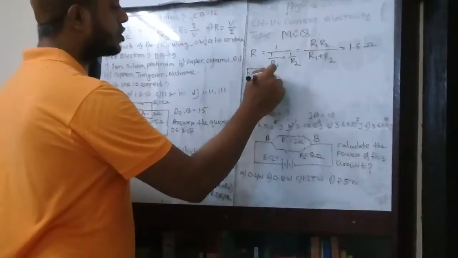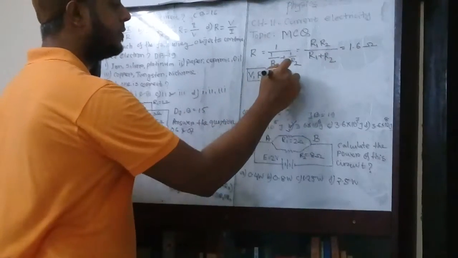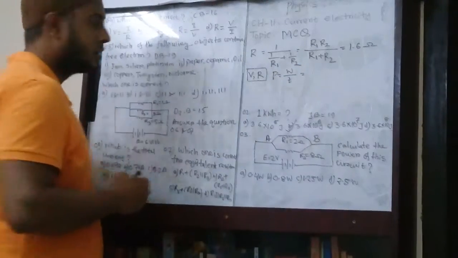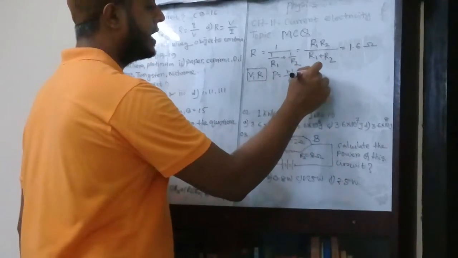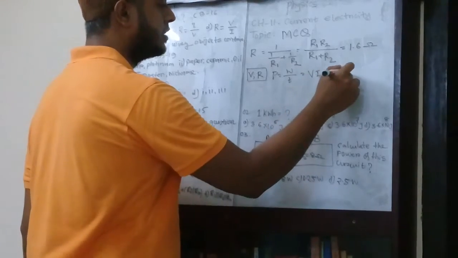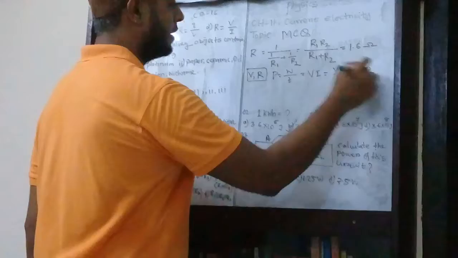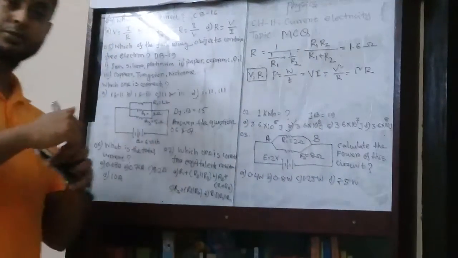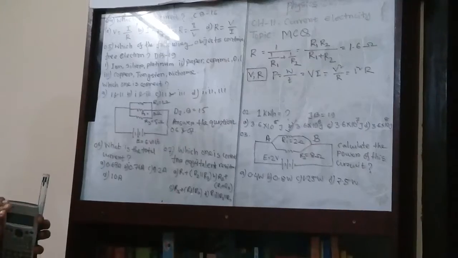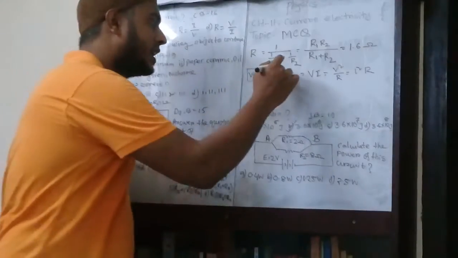You know the equation of power: P equals W divided by T, which equals VI, which equals V square by R, which equals I square R. There are 4 options here. One is W by T. W is not given here, so we cannot use this option.